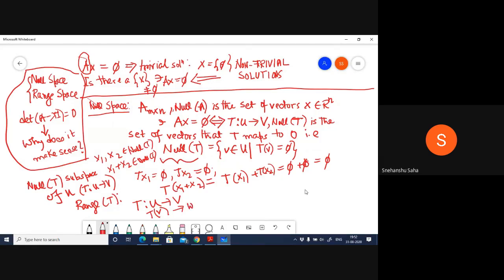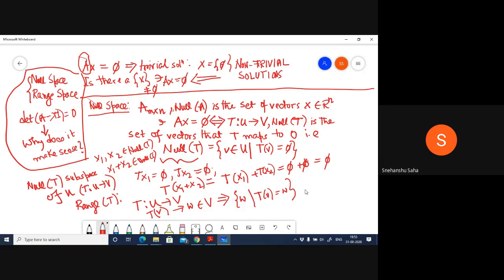So let's say there is a w which belongs to the vector space V. By virtue of the definition of range space, it will contain all such w's such that your T of v will be equal to w.